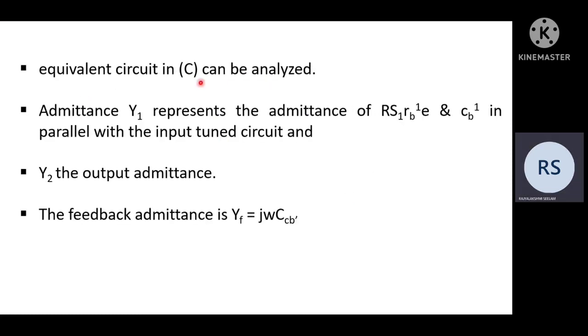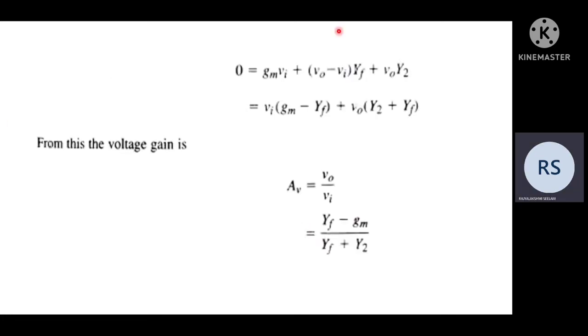The equivalent circuit in the figure can be analyzed. Admittance Y1 represents the admittance of RS, RB dash E, and CB dash E in parallel with the input tuned circuit, and Y2 is the output admittance. The feedback admittance YF is j omega CB dash C. So 0 equals gm Vi plus (V0 minus Vi) YF plus V0 Y2.